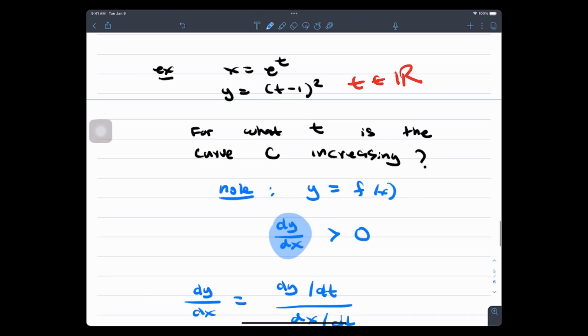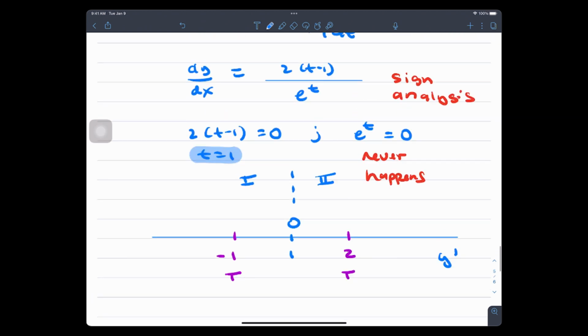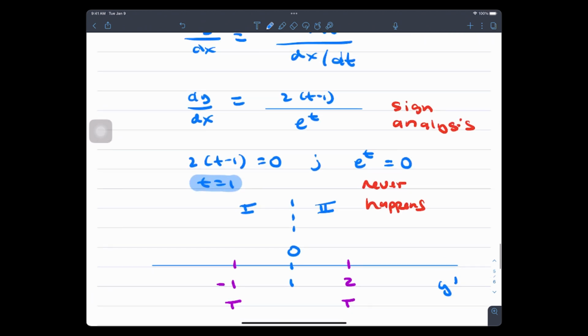So go back to your derivative, right? So you're going to test this derivative. When t is -1 as a test point, plug in -1 for t. The denominator is going to be positive because e to the -1 is 1 over e. So that's a positive number. So you really only care about the numerator. So -1 for t, -1, is that -2? 2 times -2.